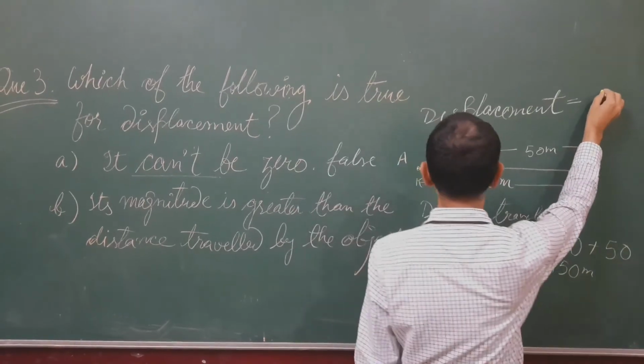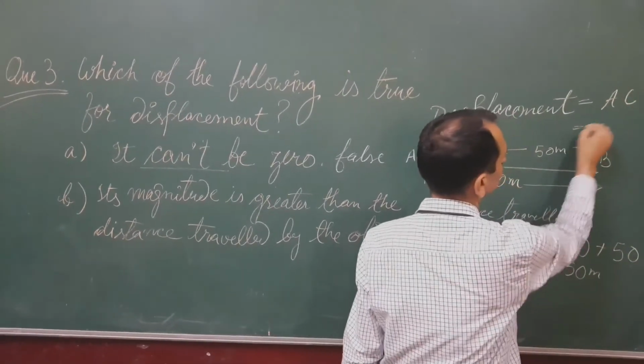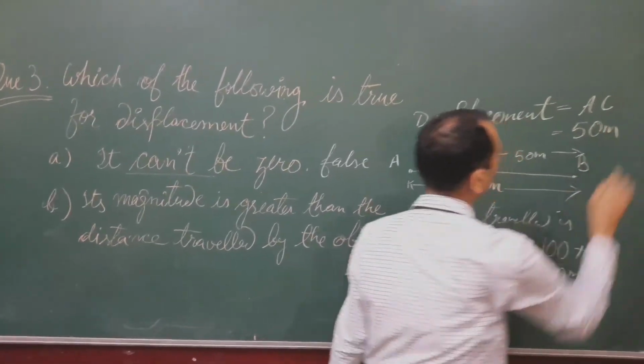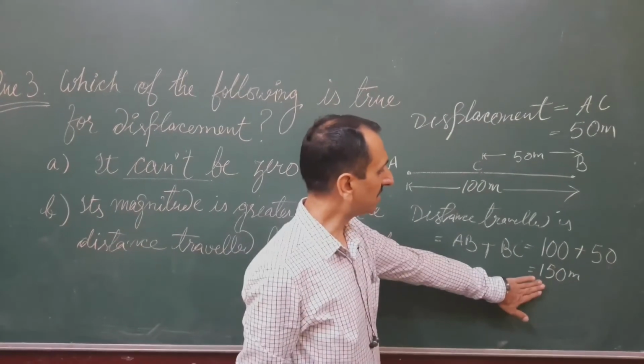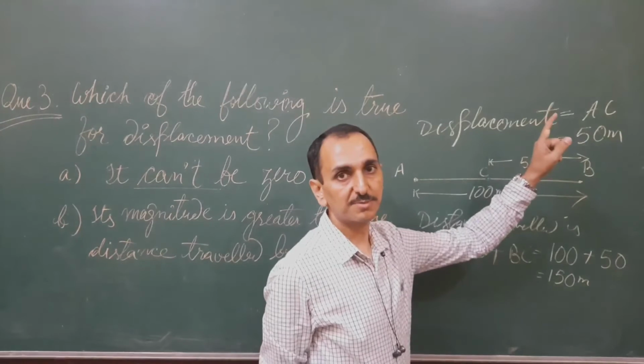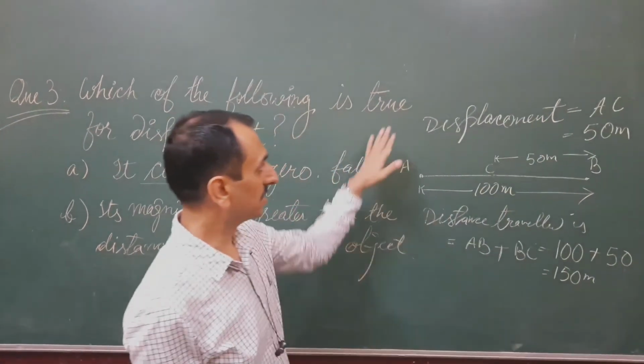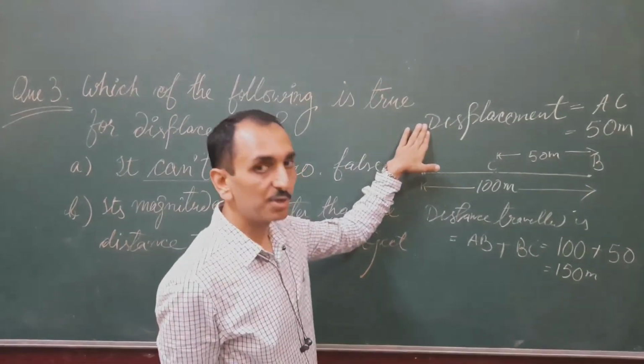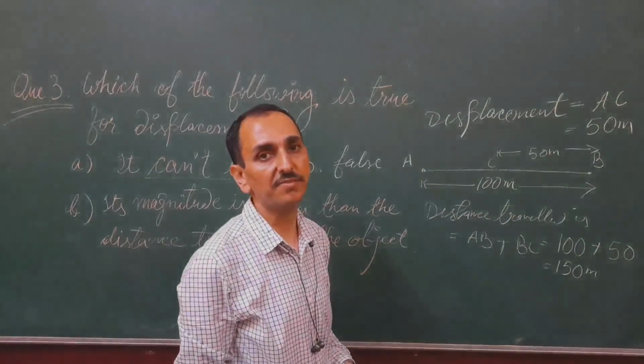It will be AC, which is 50 meters. There is a difference in the value of distance travelled and displacement. By comparison, displacement can never be greater than distance travelled.